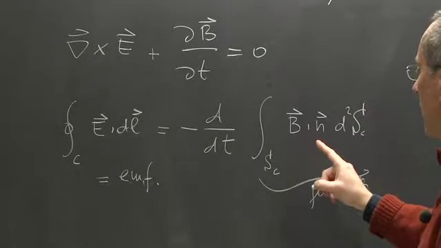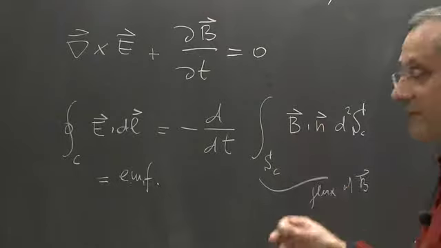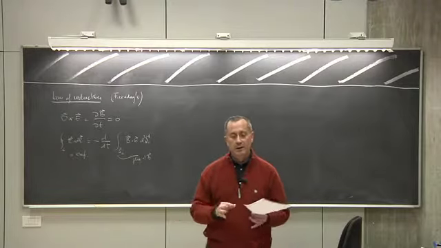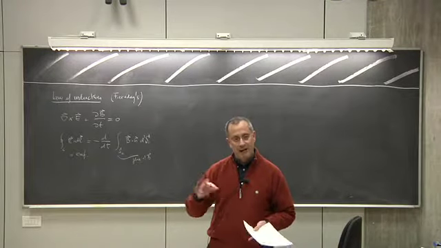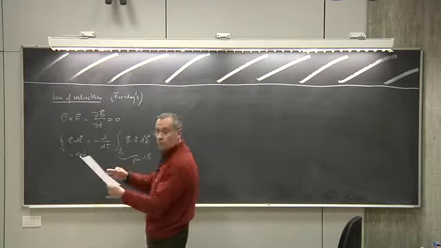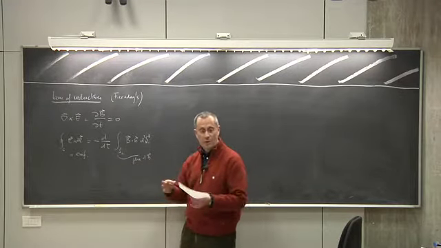So if you have a situation in which the flux of the B field is varying, either because the size of the field is changing, or because the surface is changing, either one.